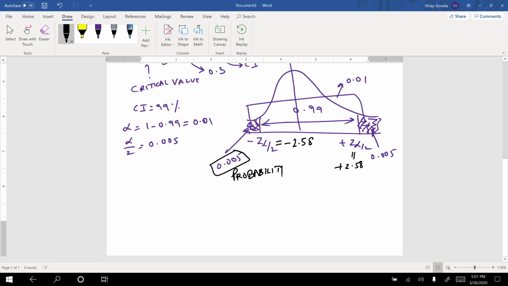So our formula is n is equal to z alpha over 2 divided by e whole square multiplied by p hat times 1 minus p hat.